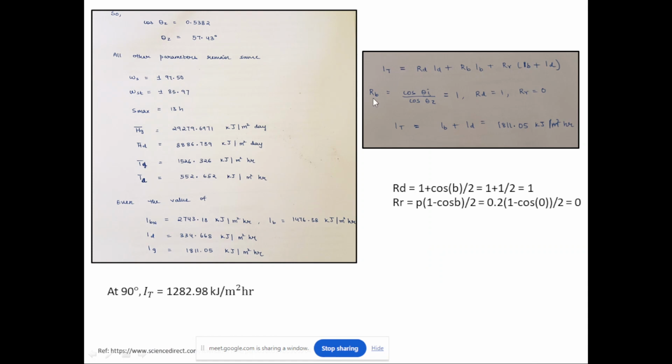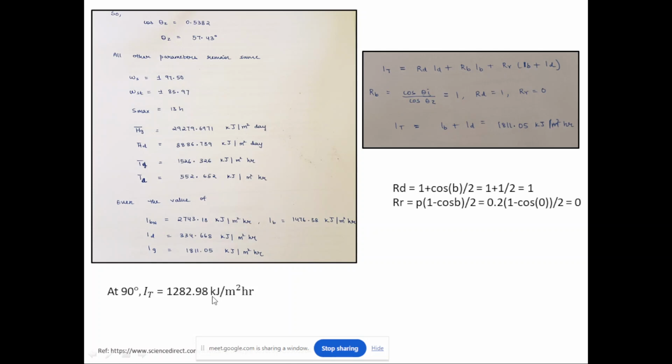So the Rb value will change, and for Rd, 1 plus cos 90, cos 90 is 0, so Rd will be 0.5, and Rr will be 0.2 into 0.5, that is 0.1. So your Rd, Rr and Rb values will change, and the Rb value will be around 0.34. So your It, if you calculate, will be around 1282.98 kilojoule per meter square hour.